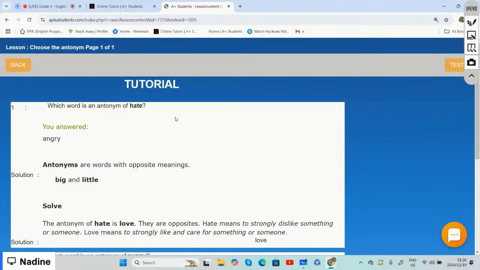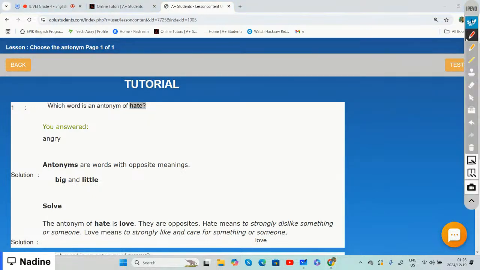So now if we look at the little activity, what is the antonym of hate? It's either you hate someone or something, or you want someone or something.